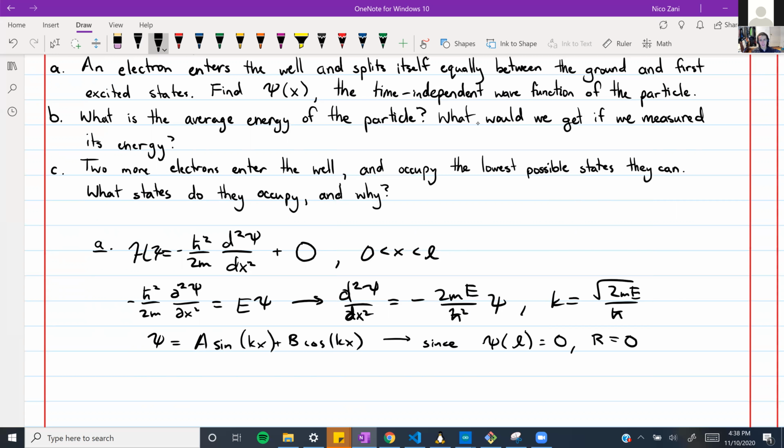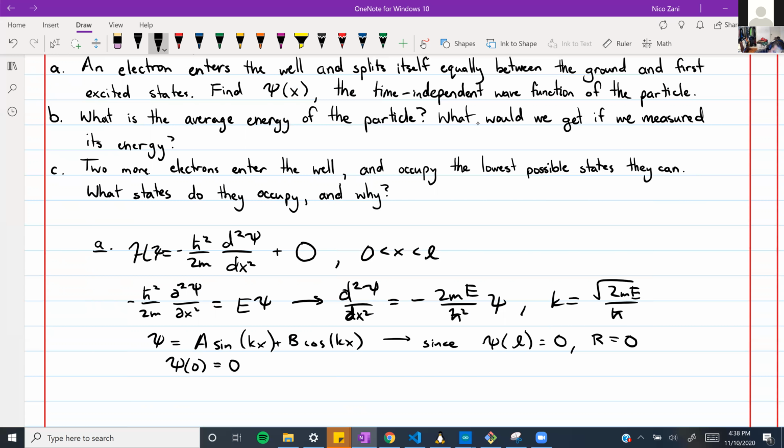That's the standard thing, that these have to be sine solutions because there's no way to satisfy both at the same time. I guess technically the first step would be that psi at 0 equals 0.